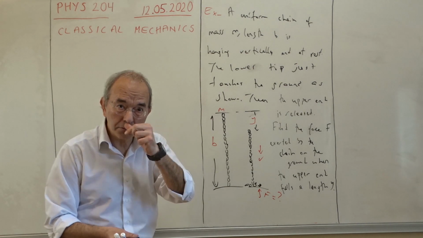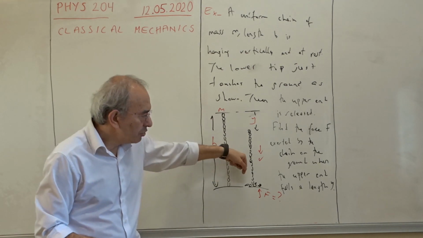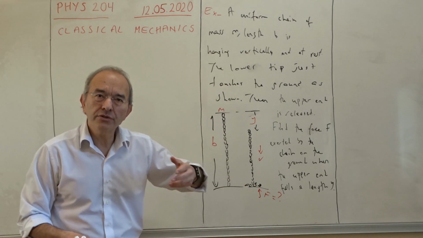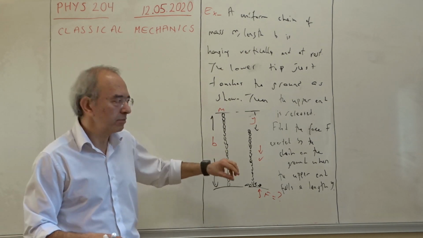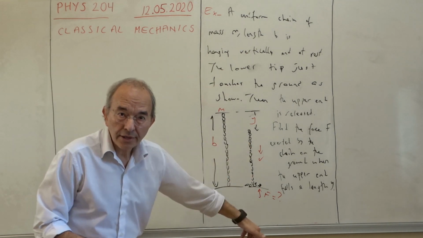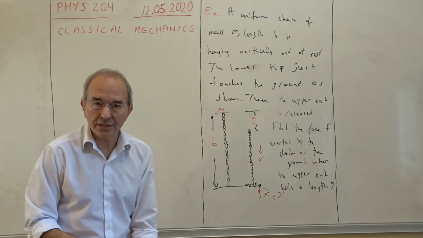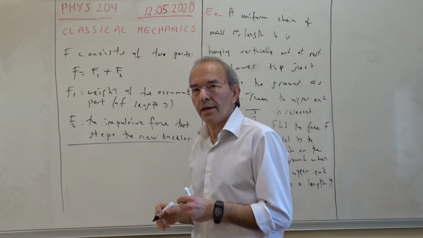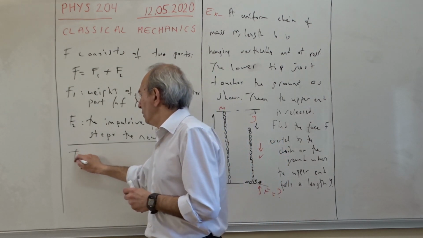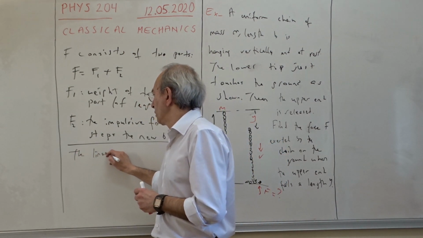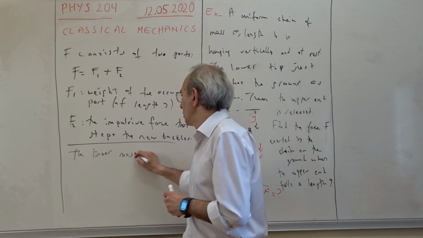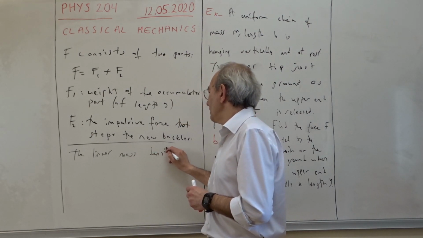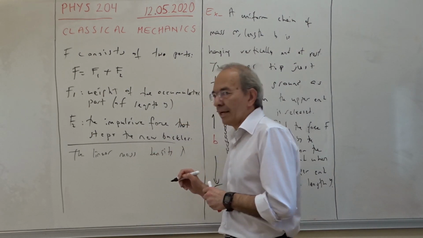In even a very small time interval dt, new and new, continuously further and further particles, small buckles, rings, are colliding with the ground and coming to rest. So now the linear mass density is necessary here, the linear mass density lambda.